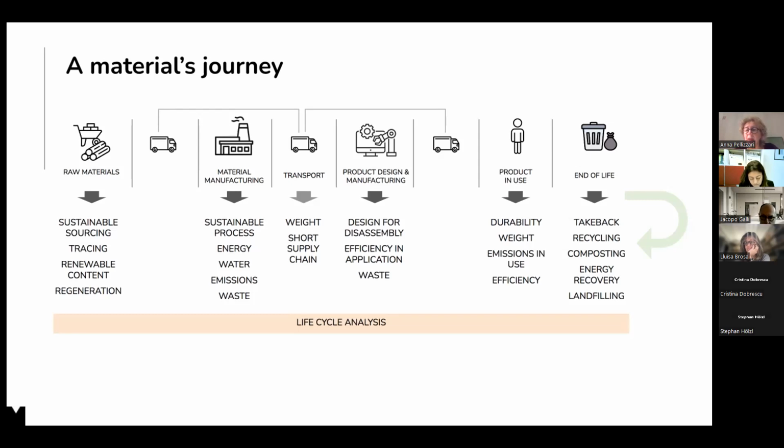And then there is end of life: take back, recycling, composting, energy recovery, and landfilling, from the best to the worst, clearly. Landfilling should not even be considered, but it is still a way of disposing of products, unfortunately.